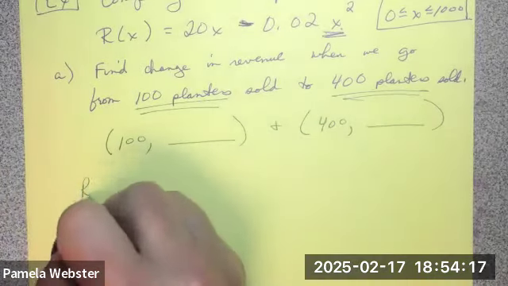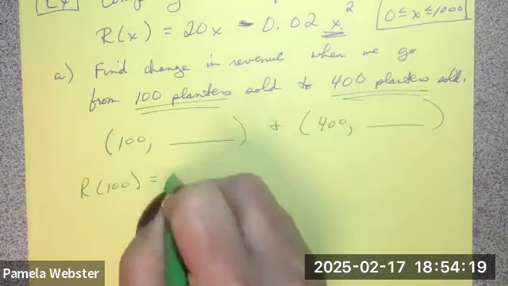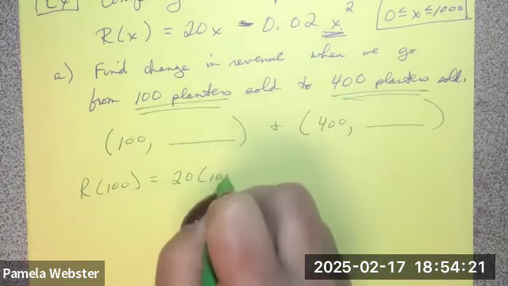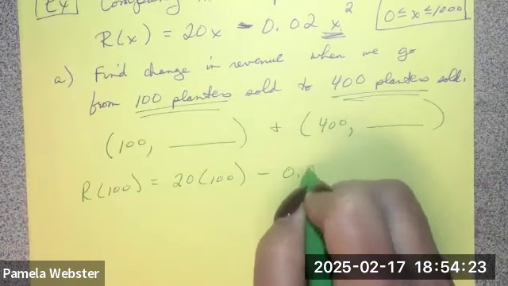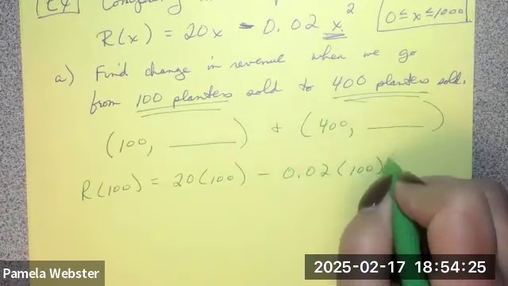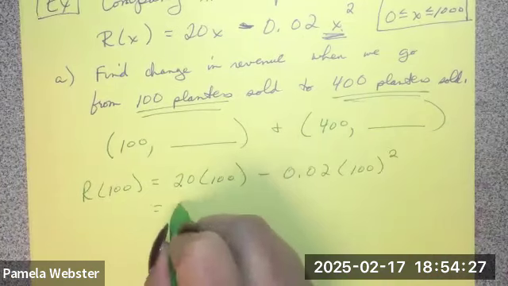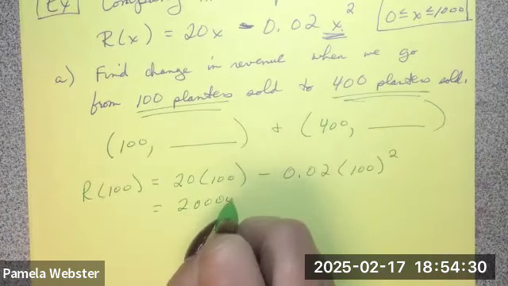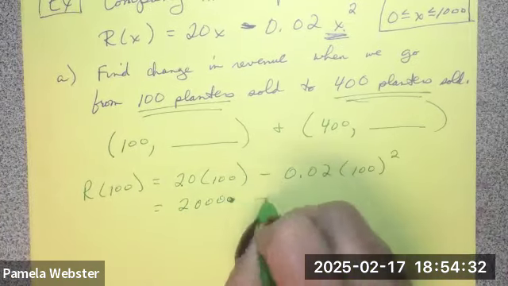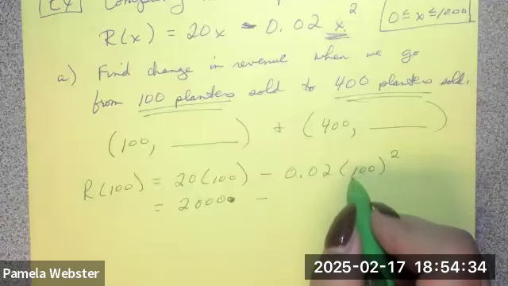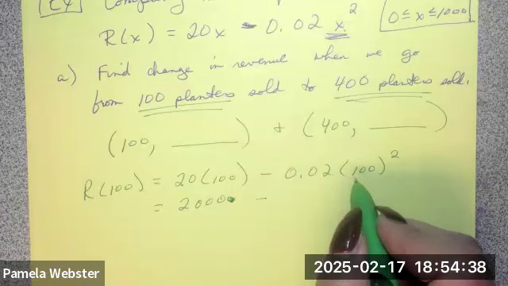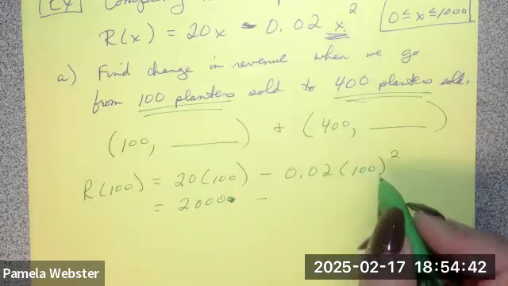Here, let me show it. 20 times the 100. That's what I punched into my calculator. This is 2,000. Oops, 2,000 minus, and hang on. I think I punched something wrong.